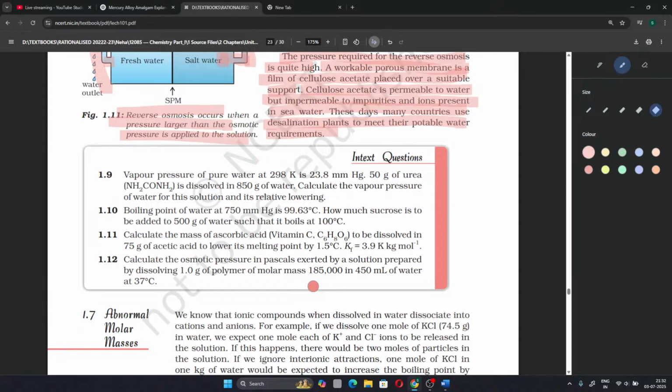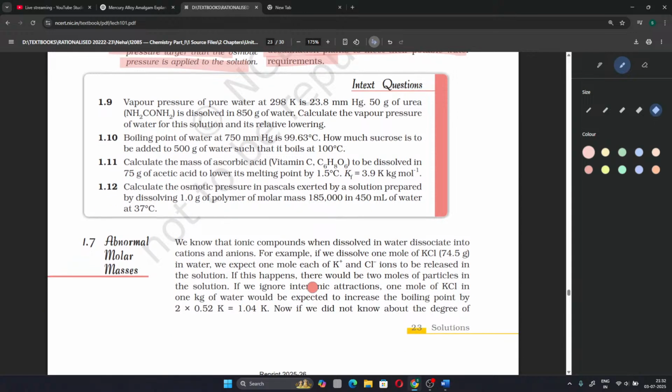Vapor pressure, the in-text questions. Vapor pressure of pure water at 298 Kelvin is 23.8 mmHg. 50 gram of urea is dissolved in 850 gram of water. Calculate the vapor pressure of water for the solution and its relative lowering. Basically, this is the first colligative property, the exact formula used.